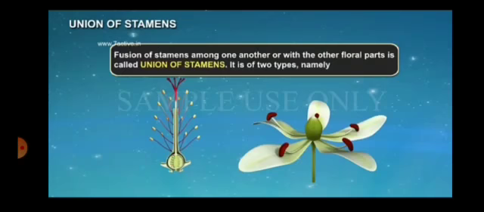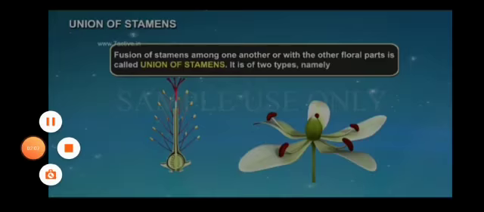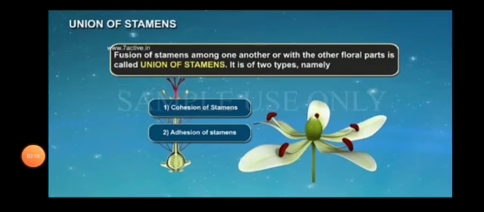It is of two types: one is the cohesion of stamen and second is the adhesion of stamen. So we can divide union of stamen into two types. One by one we will see the structures.